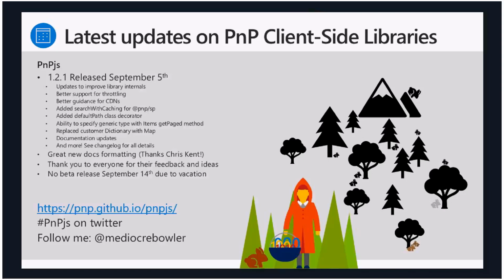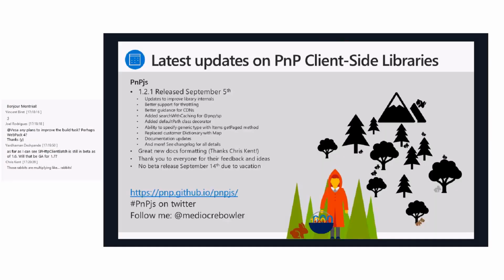There has been a lot of feedback, ideas, pull requests and activities in here, so thank you everybody for your input around this one. pnp.github.io/pnpjs is the URL where you can see the latest and the new documentation.